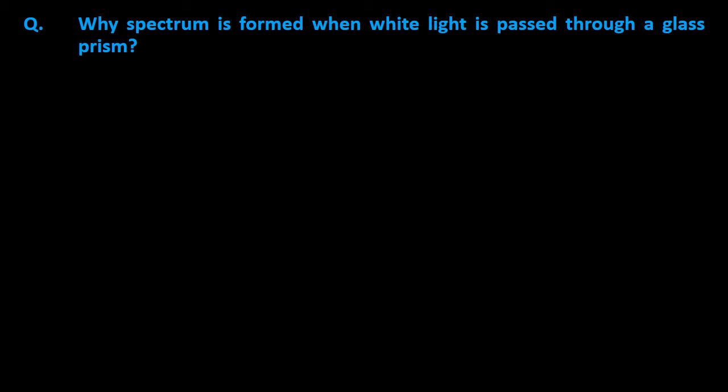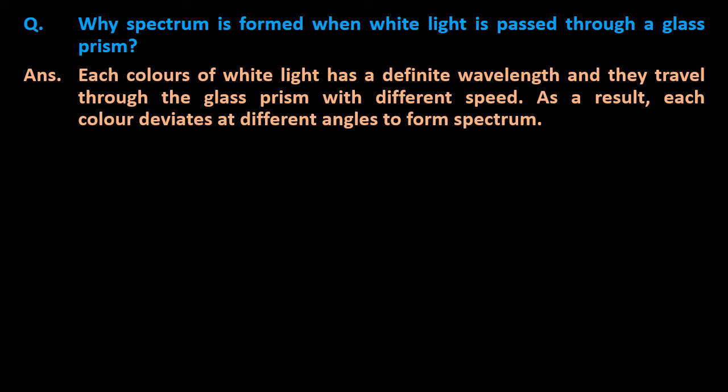And the answer for this question is, each color of white light has a definite wavelength and they travel through a glass prism with different speed. As a result, each color deviates at different angles to form spectrum. So as there are 7 colors within white light, all the 7 colors have different wavelength.